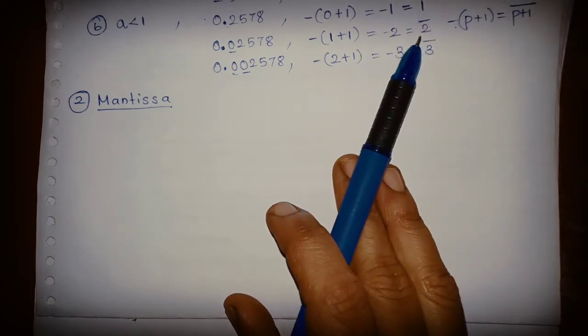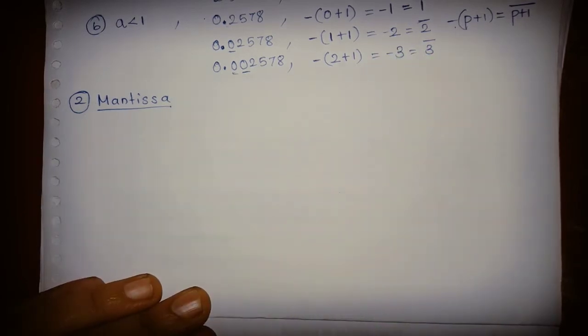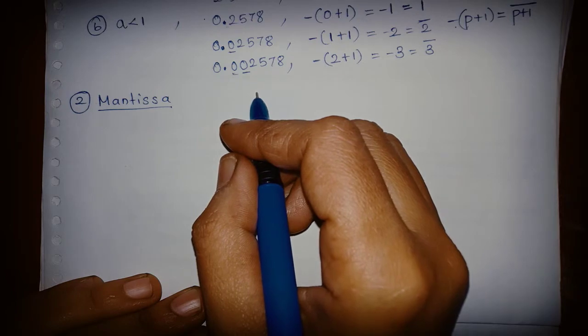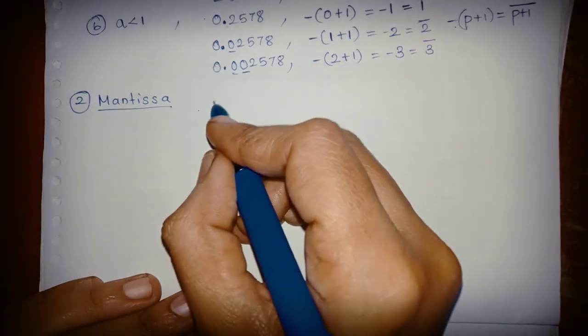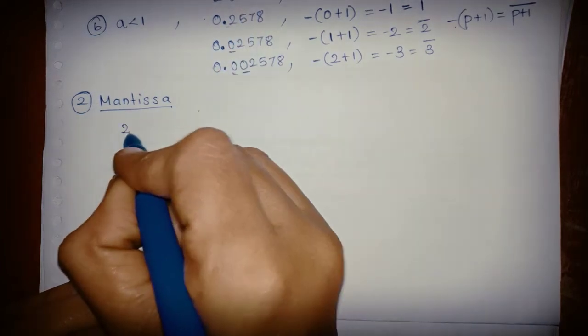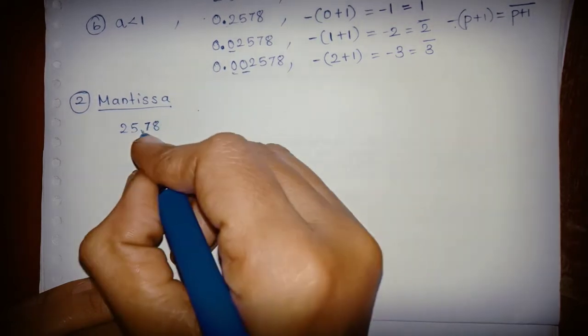Now suppose the number is given bigger, say 25,782,6.